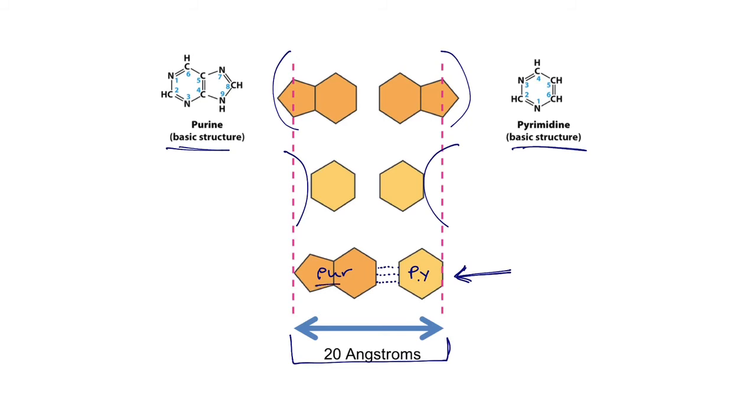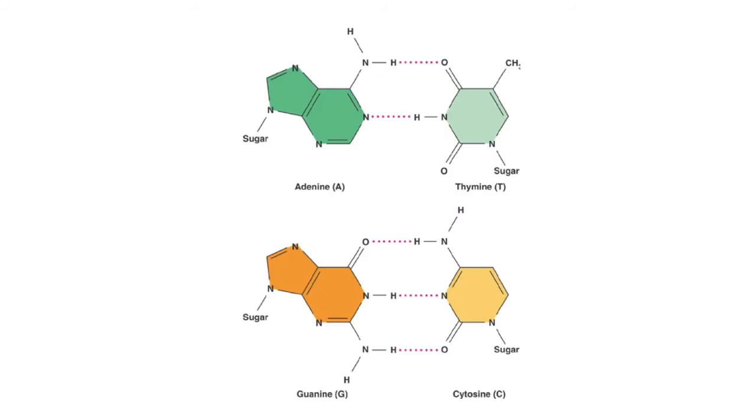If we always have a purine and a pyrimidine, then we're ensuring that the double helix stays strong and sturdy at a uniform width, in this case of 20 angstroms. So the pairings between purines and pyrimidines that we see: here's a purine, adenine, pairing with a pyrimidine, thymine.